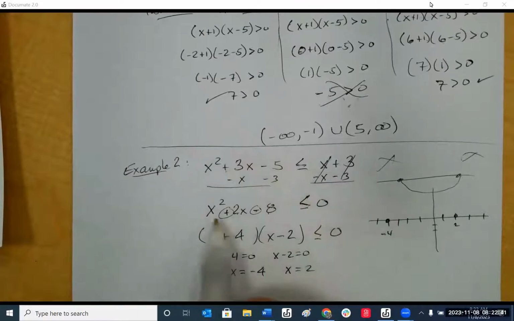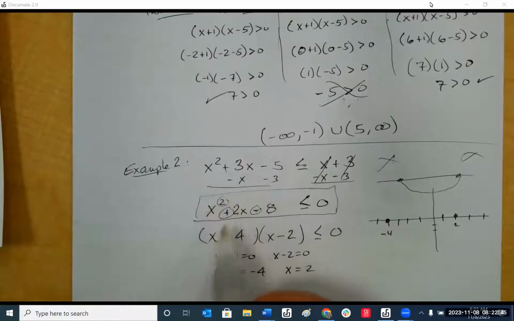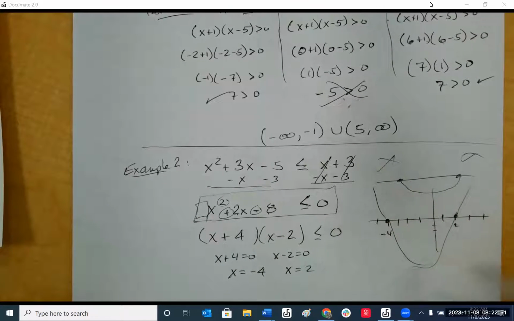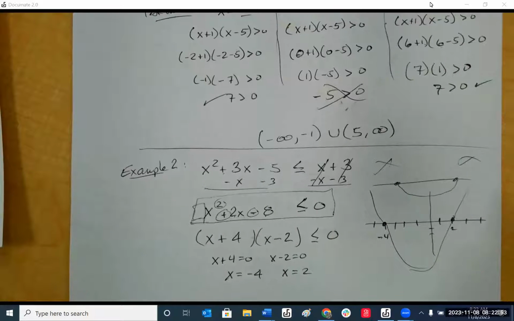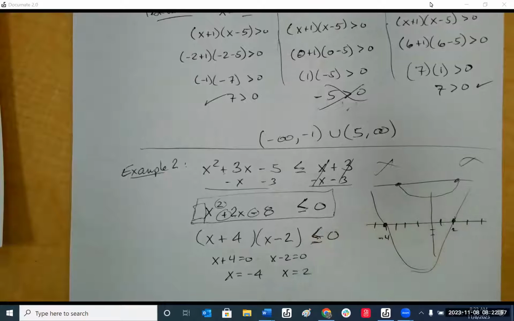Looking at this equation here, we know it's quadratic. It opens up. So our graph will look like this. We're only looking for areas that are less than or equal to 0. So what this means is we only want parts of the graph that are below the x-axis.